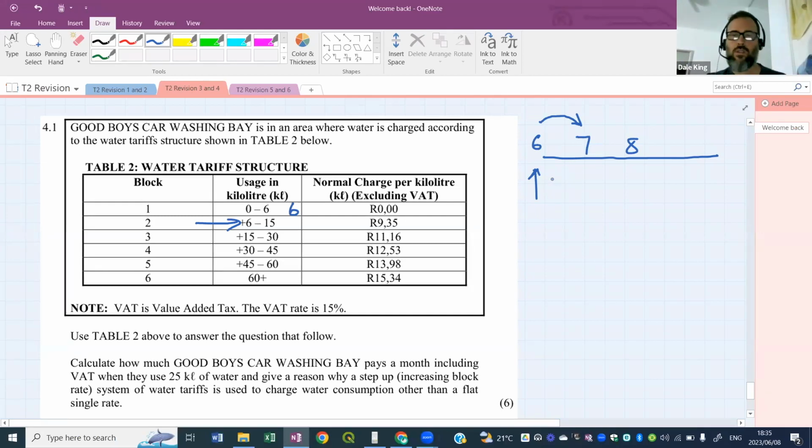Counting the fingers, you hit 7, that's 1; 8, 9, 10, 11, 12, 13, 14. When you hit 15, you've covered 9. So you counted the 6 as your first kiloliter, but on 6, you haven't covered a kiloliter yet. You haven't gone through a kiloliter yet. You with me?